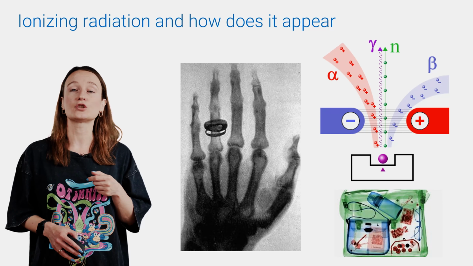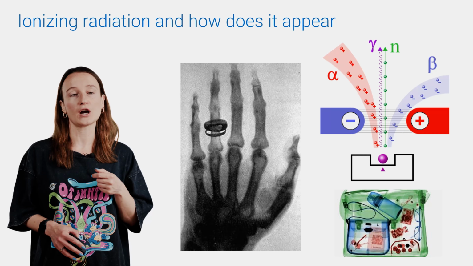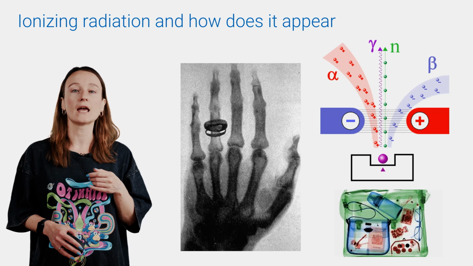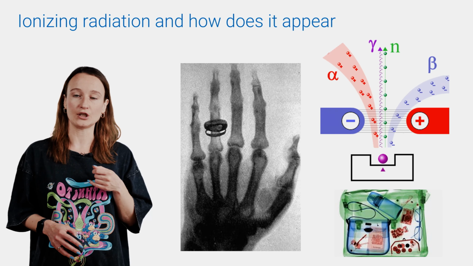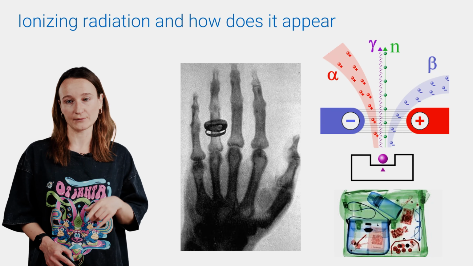Let's create a strong magnetic field, the induction lines of which are perpendicular to the beam. The magnetic field acts on the radiation coming out of the channel. The beam splits into three beams.